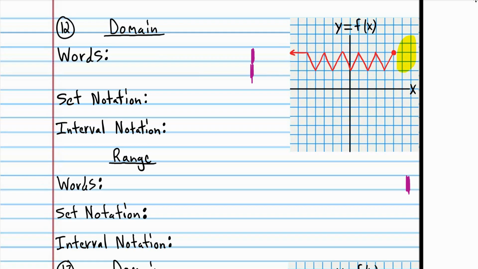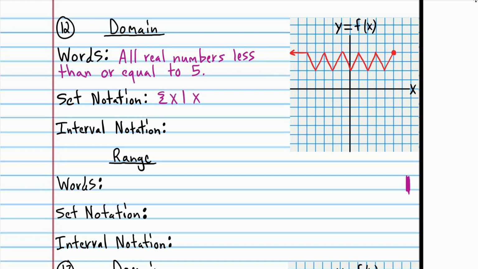We don't have any x values above 5. So the domain is all real numbers less than or equal to 5. In set notation, we say the domain is the set of all x values such that x is less than or equal to 5. In interval notation, we say we have a parenthesis and then -infinity, comma, 5, and then a bracket.